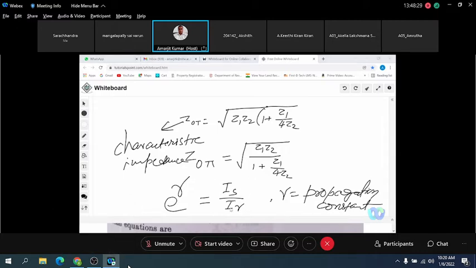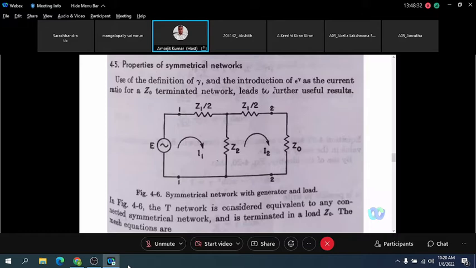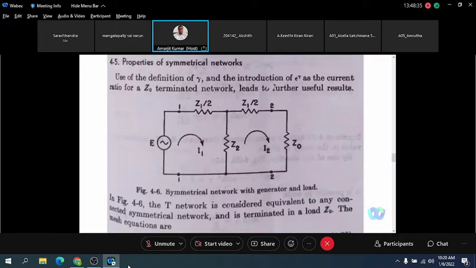So in this network, can we apply the mesh equation? What will be the mesh equation for this network, with input terminals 1, 1 and output terminals 2, 2? Apply the mesh equation: I1 into in bracket Z1 divided by 2 plus Z2, minus I2 Z2, will be equal to E, the source voltage.